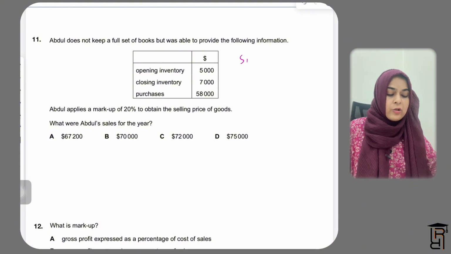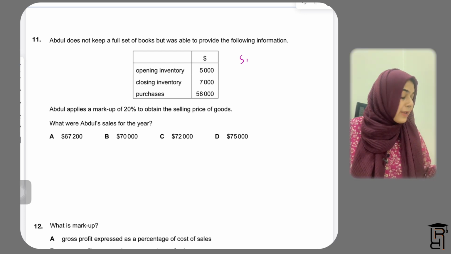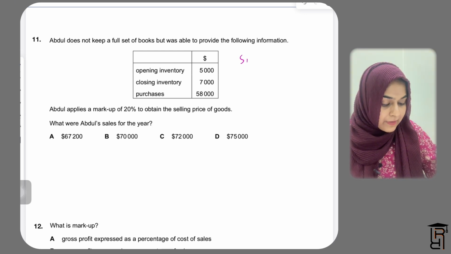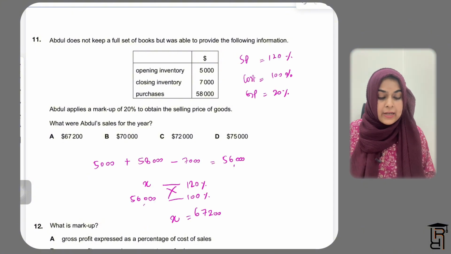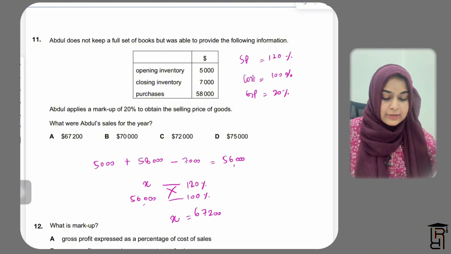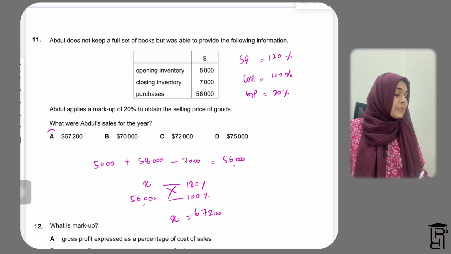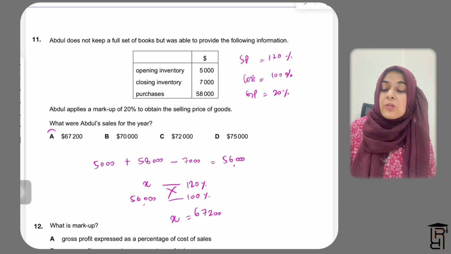Cross multiplying, the value of X comes out to be 67,200. X is my revenue, so Abdul's sales will be 67,200 in this case, found via cross multiplication.